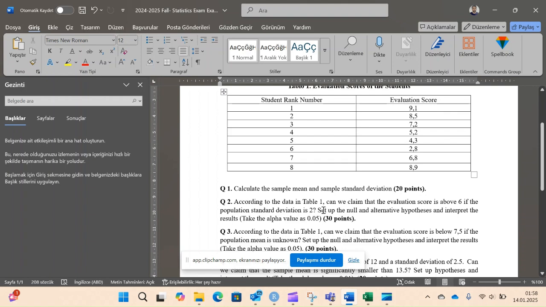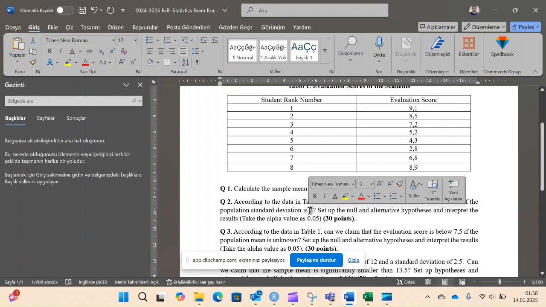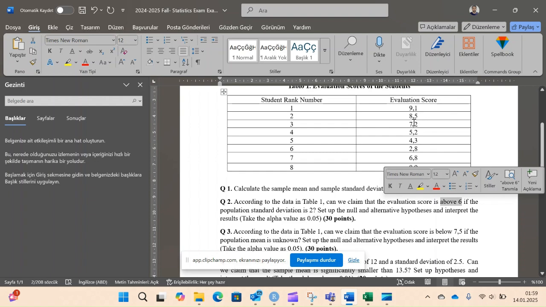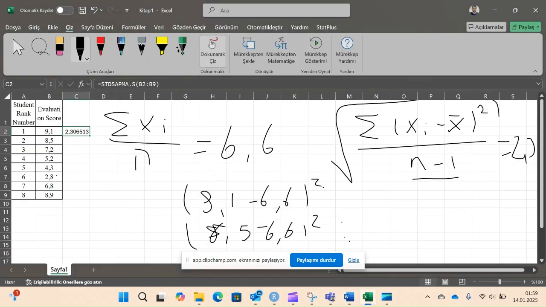First, we calculated the mean and the standard deviation of the sample. But as we have the population standard deviation here, we don't need the sample standard deviation. The population standard deviation is already given. So we'll compare the mean of that evaluation score to see if it's above 6 or not.